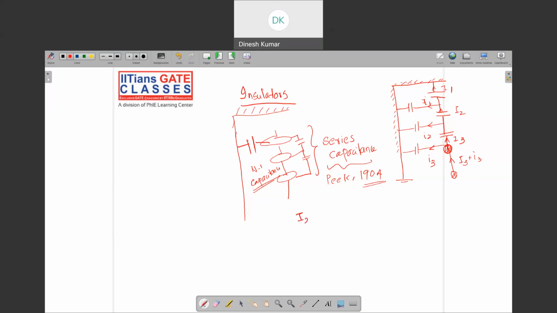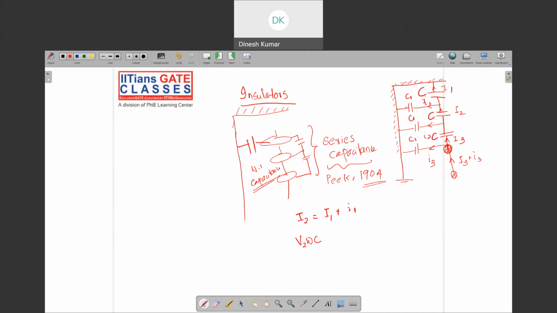Now we can write like this: I2 is equal to I1 plus I1, right? We check here, I2 is equal to I1 plus I1. So we can write V2 omega C, that is the current through this one. We name these as C, C1, like this.